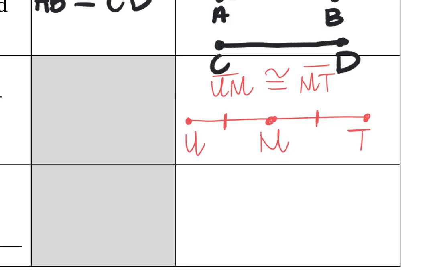Y en medio de U y T puse mi punto medio. Entonces está directamente en medio. So, ¿qué pasó aquí? Ese segmento se partió a la mitad. So, de U a M tenemos una parte del segmento y tiene la misma medida, es igual a M a T.